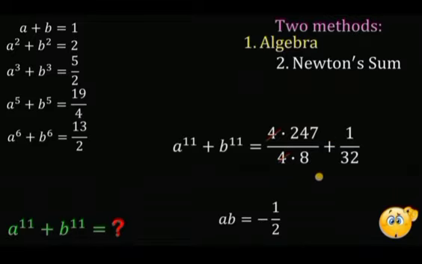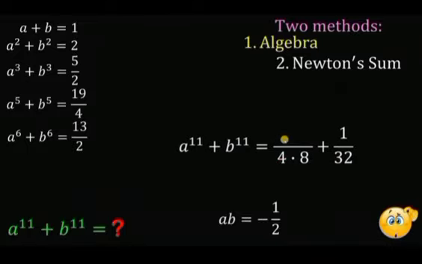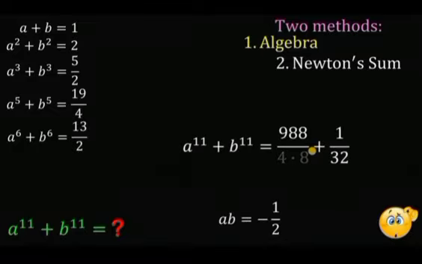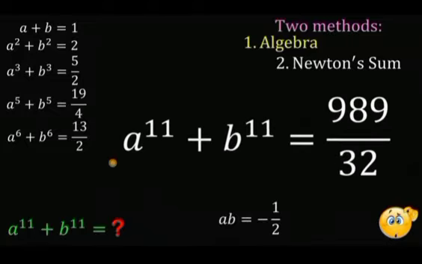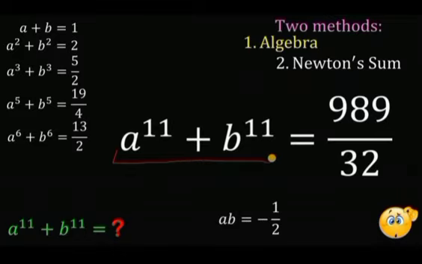Now, the numerator becomes 988, and the denominator becomes 32. Now, since we have the same denominator, we can now add them. So, 988 plus 1 will give us 989, all over 32. And that is the numerical value of a raised to 11 plus b raised to 11.